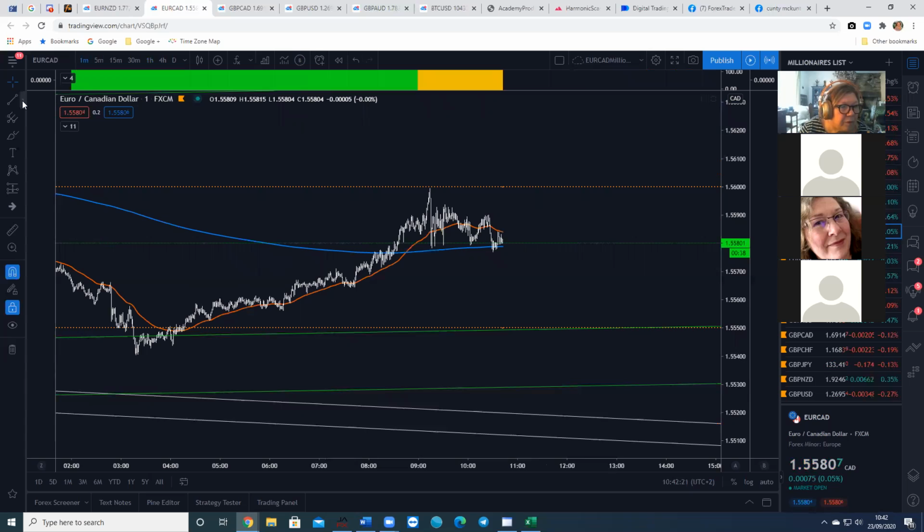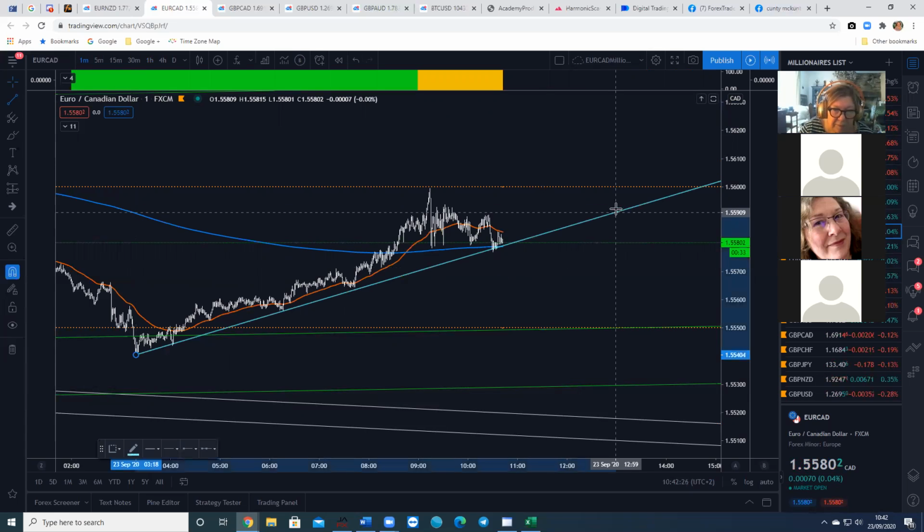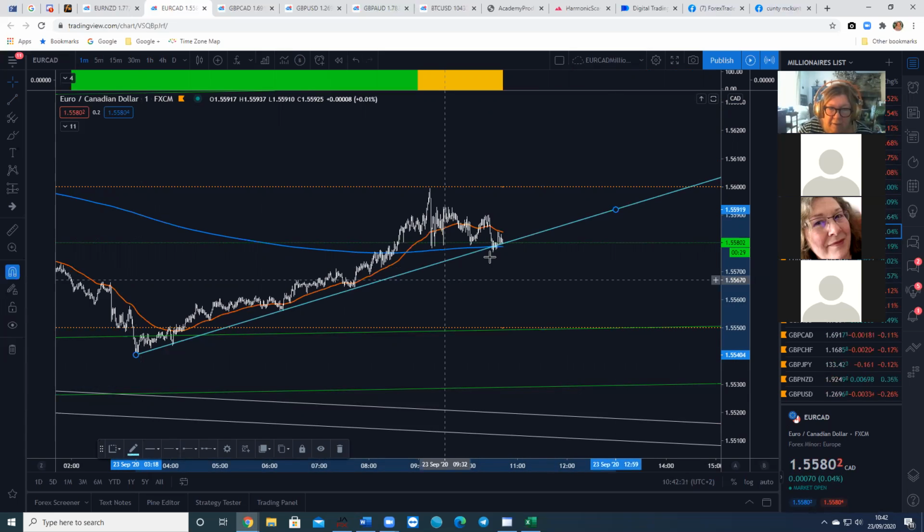And we've got an upward trend here. Quite a nice lot of touches there, but it is now under the 62.